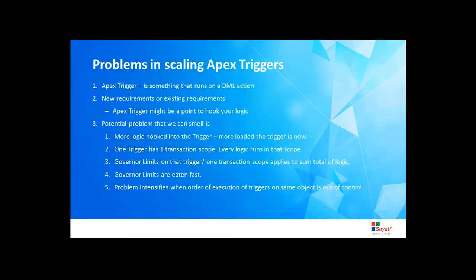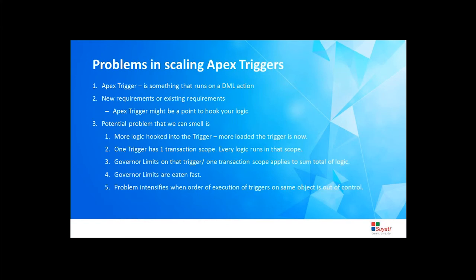Mostly when we add new requirements, add new logic, and make adjustments to existing requirements, developers look into the Apex trigger as one of the most important points where they can start building up their logic. So that is the point to hook your logic.